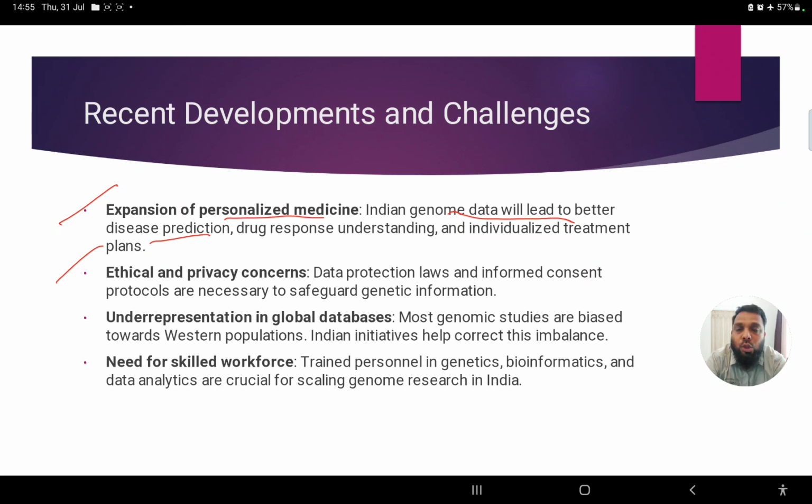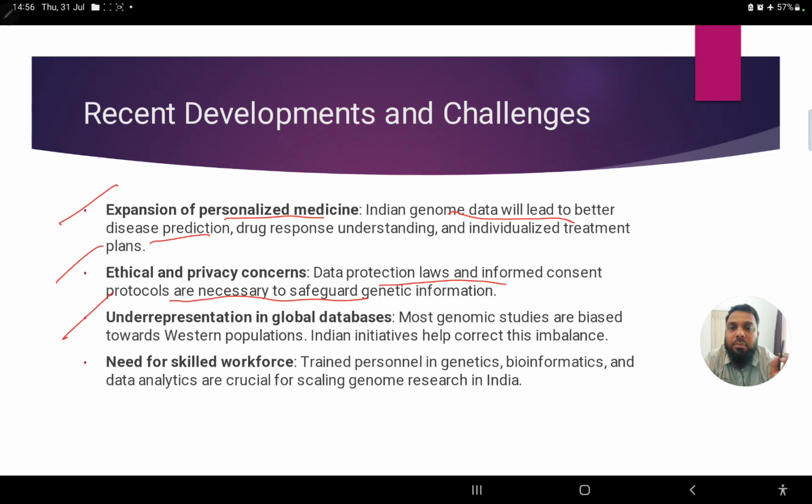If somebody knows your personal data, they can hack into it. Similarly, the same problems are also with DNA or the sequencing technology. Therefore, data protection laws and informed consent protocols. So before collecting the genes of a particular person, his consent is highly required, right? Therefore, such protocols are necessary to safeguard the genetic information.